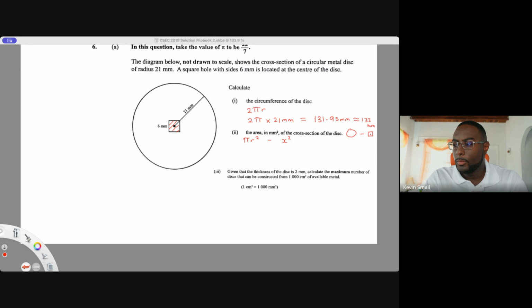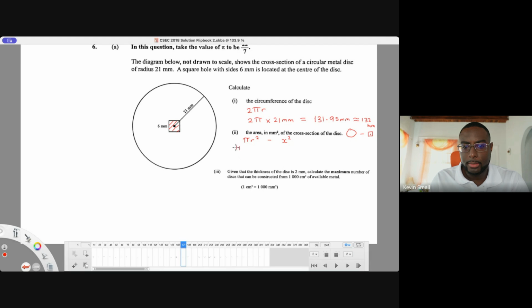All right, so looking at the chat, we have two answers here. Again, the area of the circle is just going to be pi multiplied by the radius, which is 21 millimeters squared.